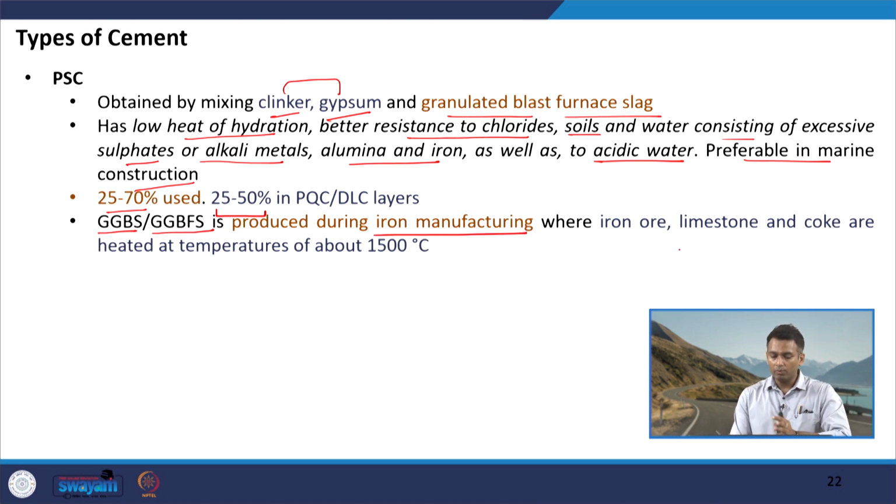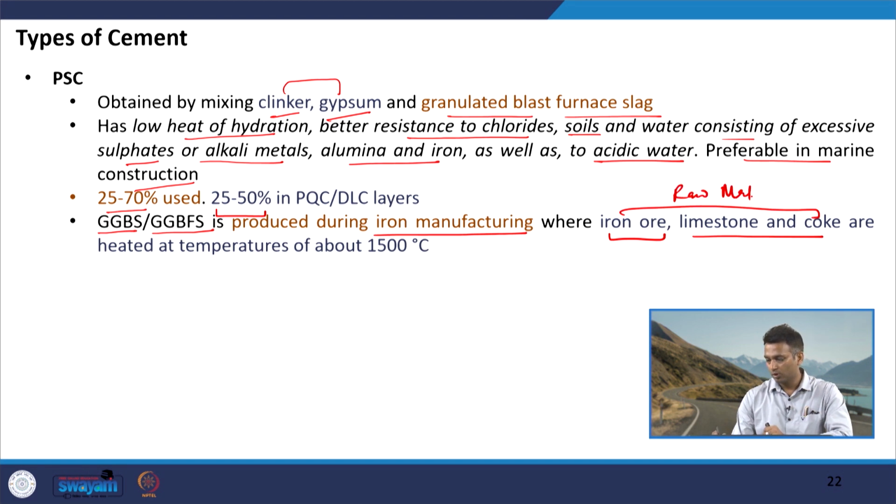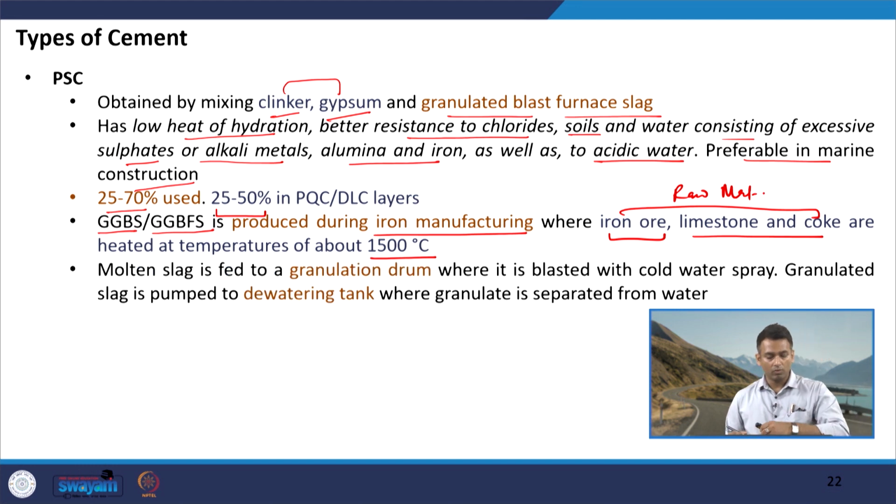Now, in the iron manufacturing process, iron ore, limestone and coke are first heated. So, these are the raw materials that are heated at a temperature of about 1500 degrees Celsius in a furnace, and then finally we have the molten slag here that is fed to the granulation drum.